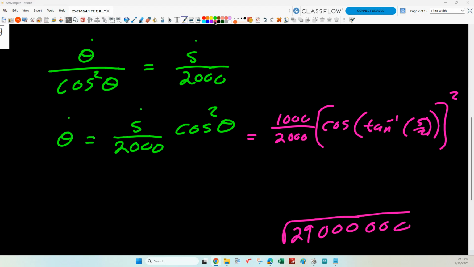Those are just a bunch of buttons you push on a calculator. The arctangent of 5 halves is feeding us an angle that goes into the cosine function, and then we square that result because we have cosine squared. And that just gives us a number, right?